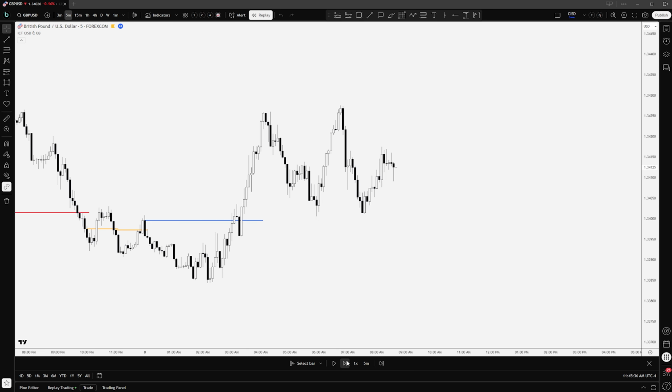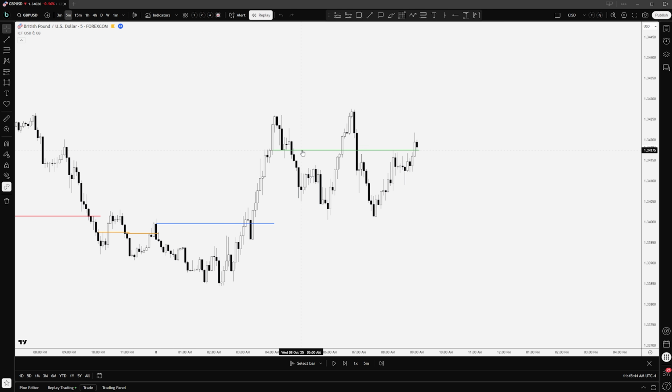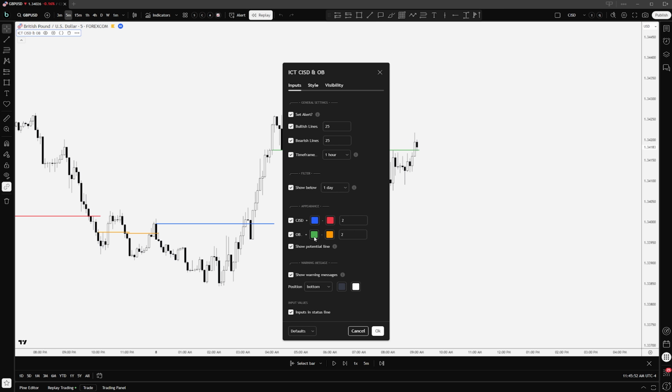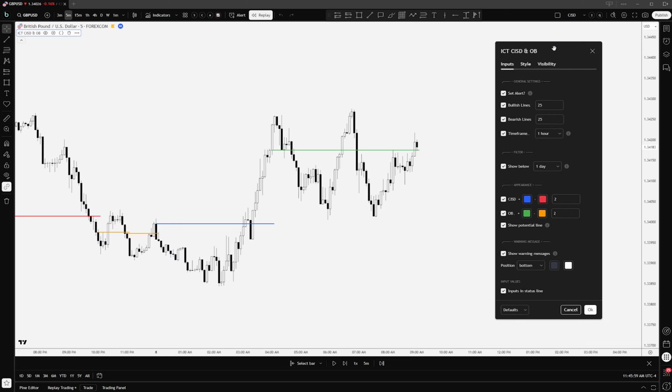And then we went back again and closed above to confirm that we're going higher in this case. So these dotted lines will take the color of whatever you choose for your order block and change in state of delivery. Whether they're blue and red, or blue or orange or whatever color, it will just adapt that for the dotted line.